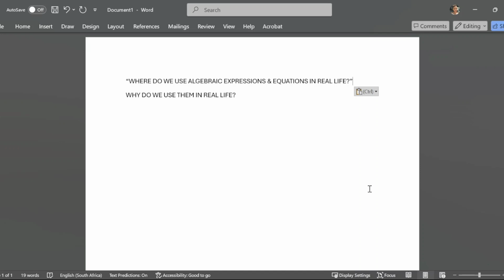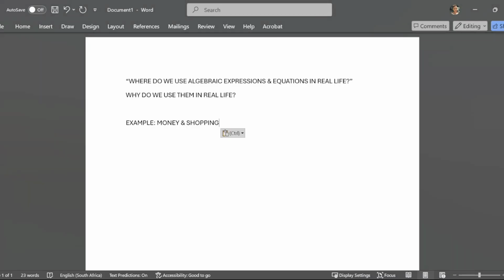Today, we're going to talk about something very important: where we use algebraic expressions and equations in real life and why we need them. So, why do we use algebraic expressions and equations in real life? We have an example here, and it is a money example.